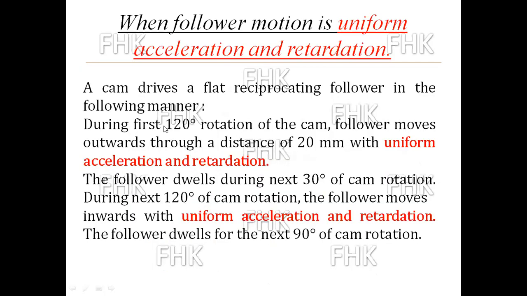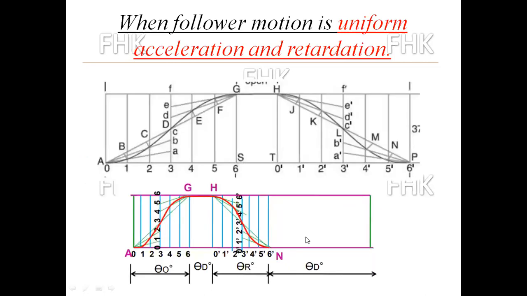Theta outward is given as 120 degrees and theta dwell is given as 30 degrees. For the next 120 degrees, that is theta return stroke, and next is the dwell period, which is given as 90 degrees. So this is the general figure after completion of the displacement diagram.